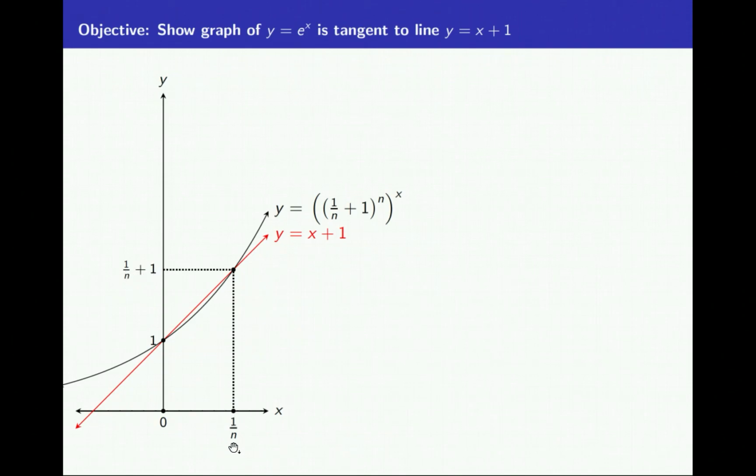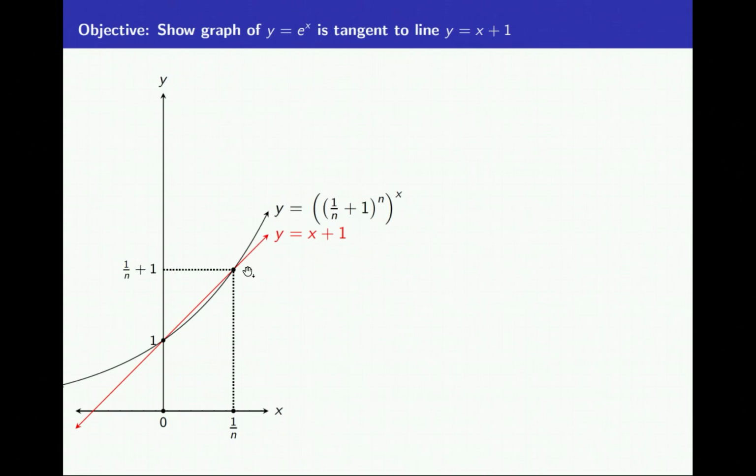But also take x equals 1 over n and plug it in right here to this exponential function. That 1 over n would multiply times this exponent of n and just give you a power of 1. And then y is equal to 1 over n plus 1 to the power of 1, which is 1 over n plus 1.